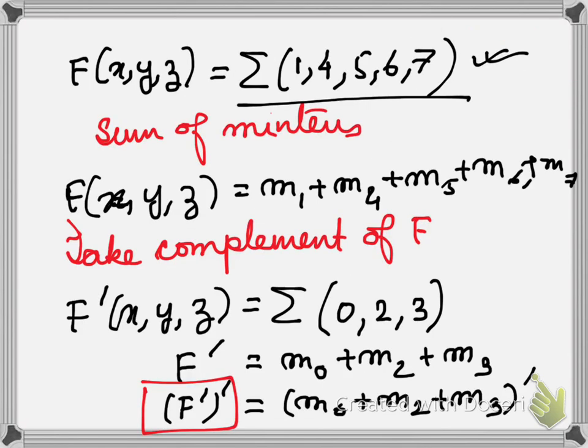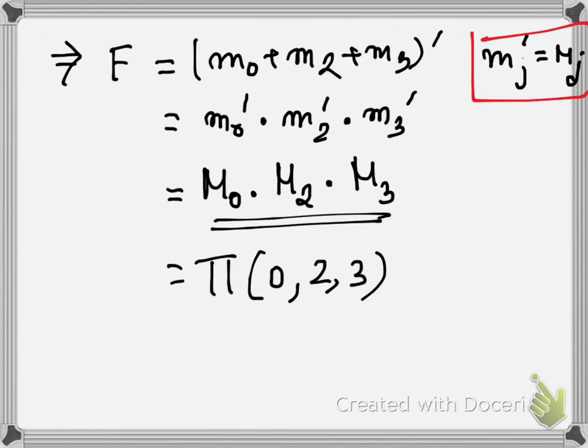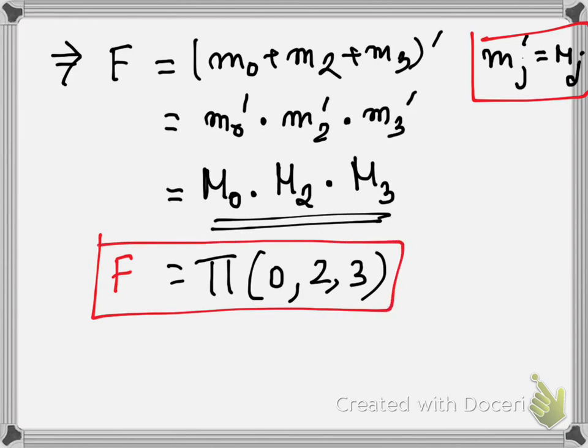So what we started off with was this one. f of x, y, z as a sum of min terms was given like this, and it has been converted into the product of max terms. So this is how you can convert from min term to max term.